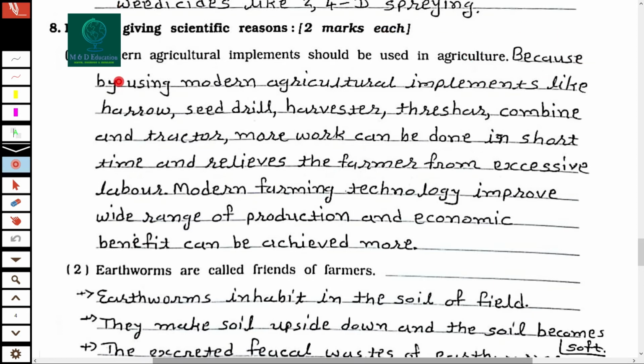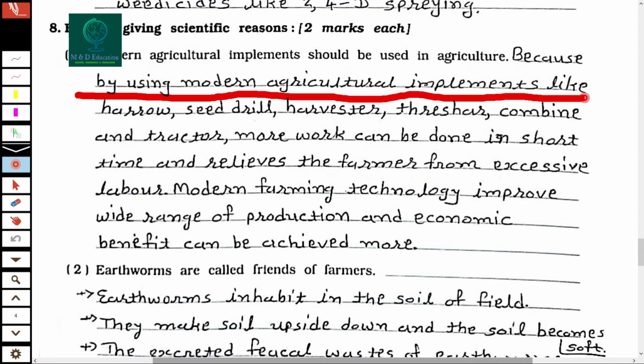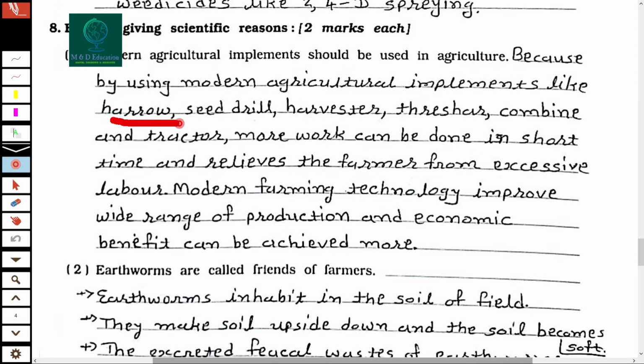Because by using modern agricultural implements like harrow, seed drill, harvester, thresher, combine and tractors, more work can be done in short time and it relieves the farmer from excessive labor. Modern farming technology improves a wide range of production and more economic benefit can be achieved. Okay, that's why the farmers use modern agricultural implements.